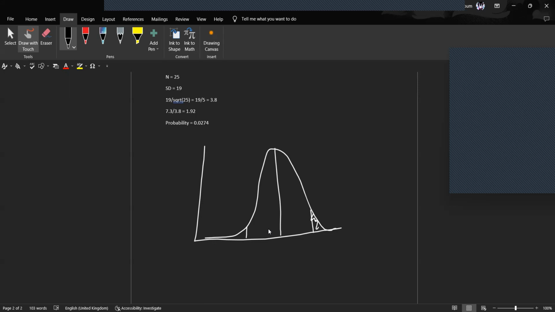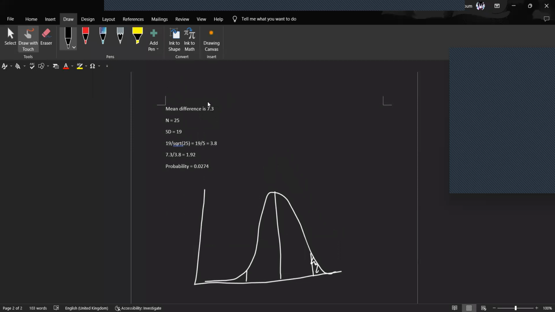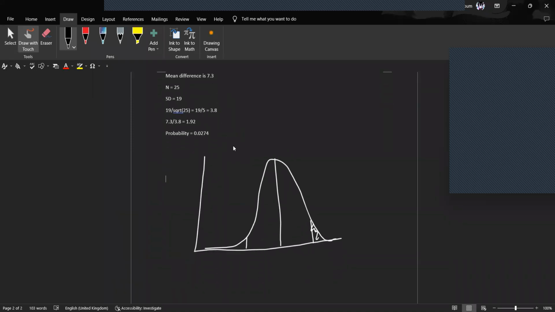Because the p-value is the probability that it's basically this. I can't find the words right now, but basically the p-value is the probability that it's outside of this area in the middle.